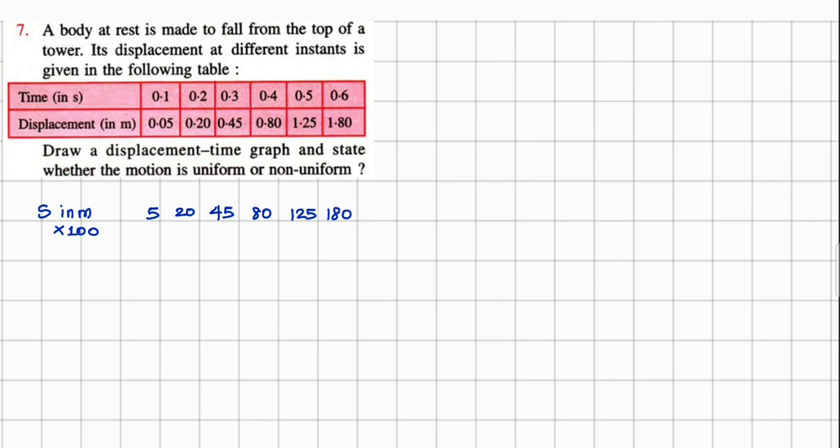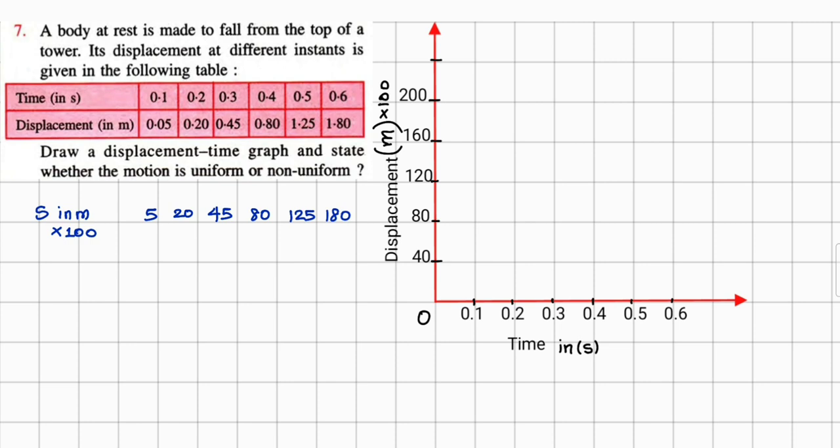So let us plot it. I have plotted the axis. On the y-axis I have taken 1 centimeter as 40 units, that is 40 meters. So let me plot now. Point 1, the displacement is 5 meters over here.